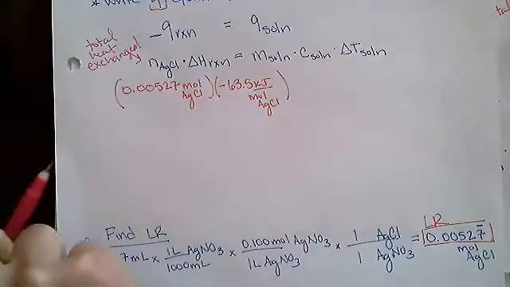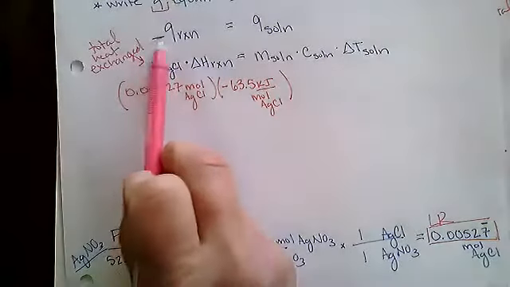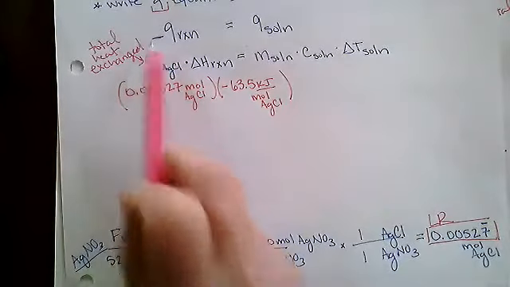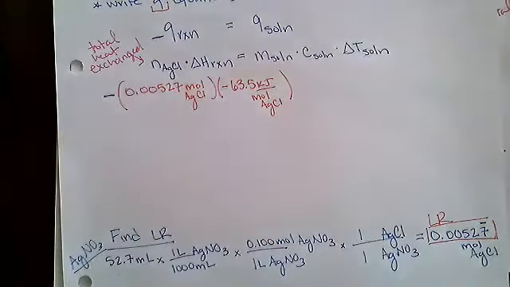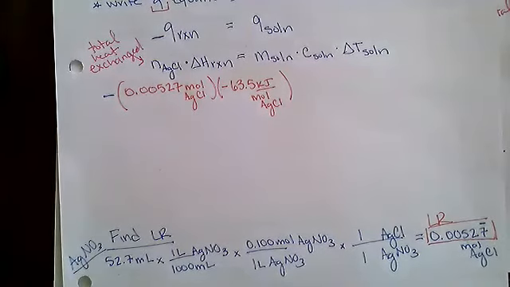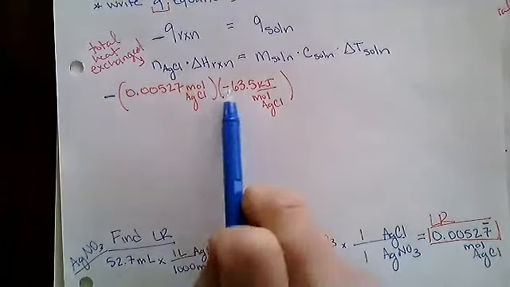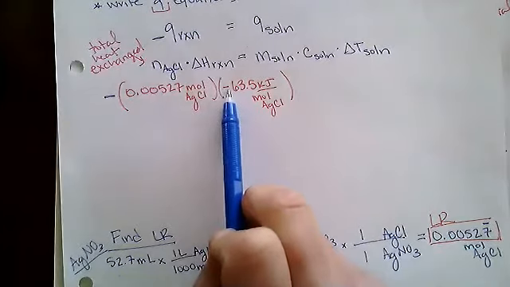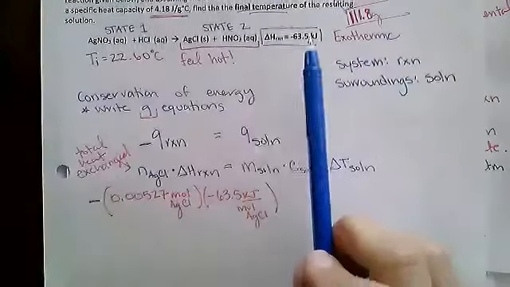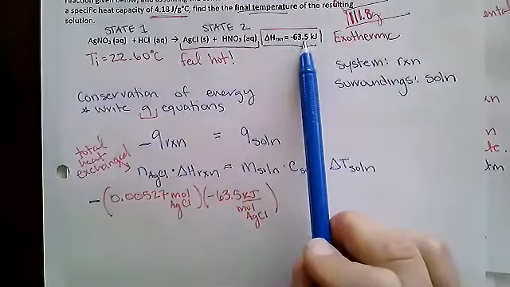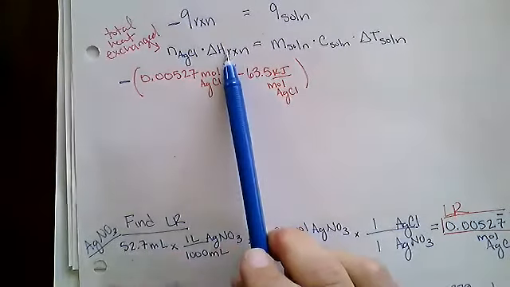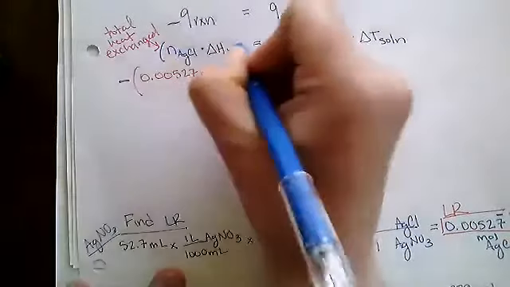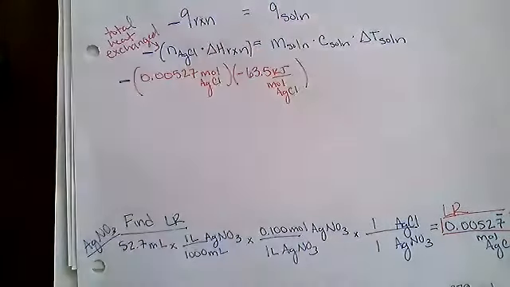And notice, this is a common mistake. This whole quantity has to be made negative because the reaction is exothermic. So some people think that you're accounting for the negative here, but it's not true. You need to take whatever the sign is of your delta H, plug that in for delta H, and then make sure you have this entire quantity negative.